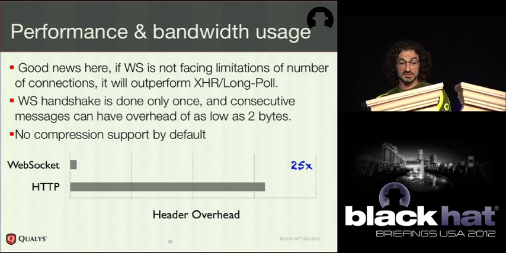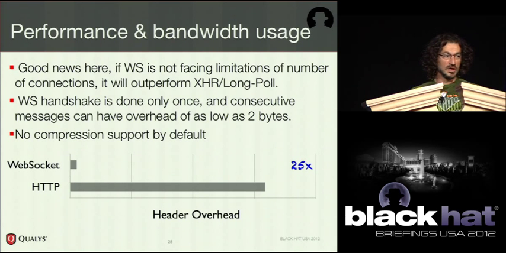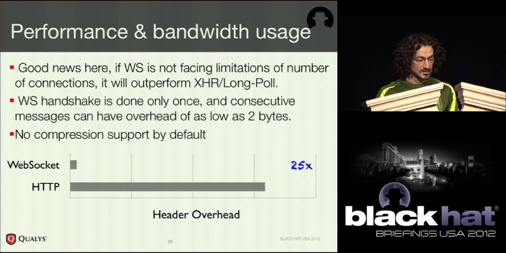Here we see this huge number, 25, sticking on the right, and that's what we saw on our little demo. That was the header overhead of XHR compared to WebSockets if we were running the same webcam app, implemented with WebSockets versus traditional HTTP.